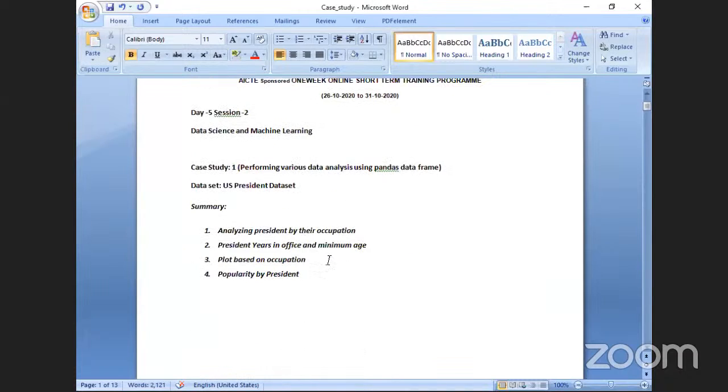So let me start with the first case study. Here it is about performing various data analysis, for which the pandas library is used. And in pandas you have the data frame. A data frame is basically a two-dimensional representation.